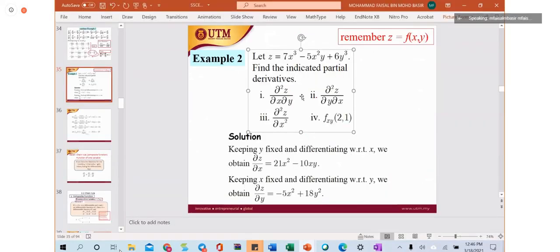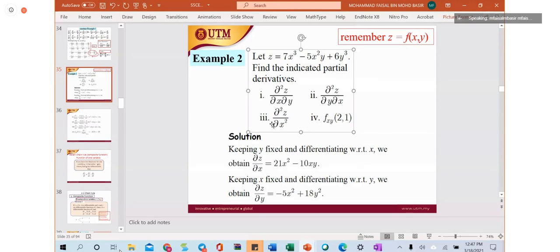These two have the same answer. Keeping y fixed, differentiate with respect to x. Then keeping x fixed, differentiate with respect to y. Differentiate the inside one first, the right hand side first, then differentiate the left.